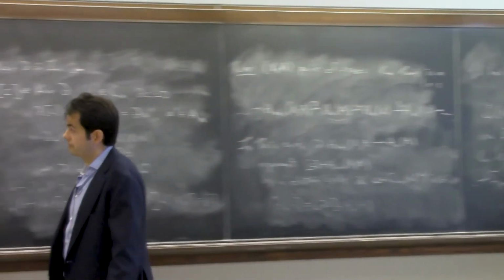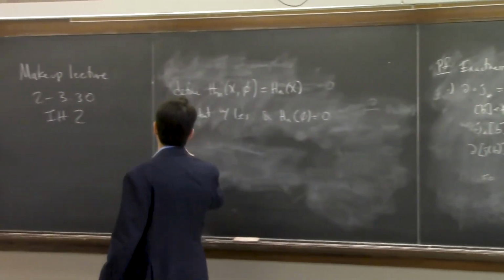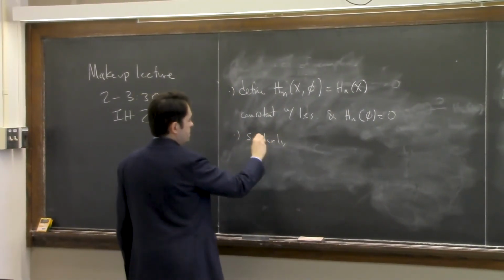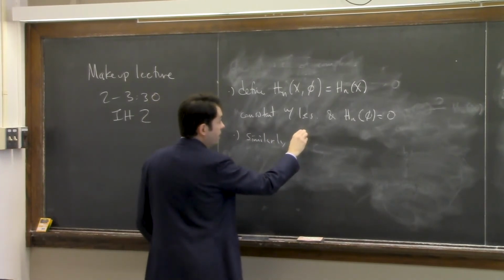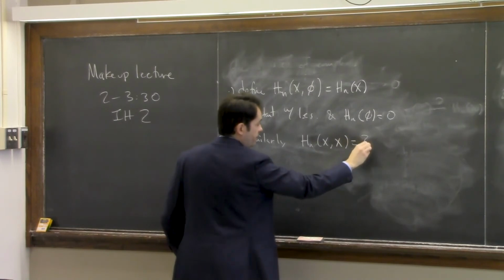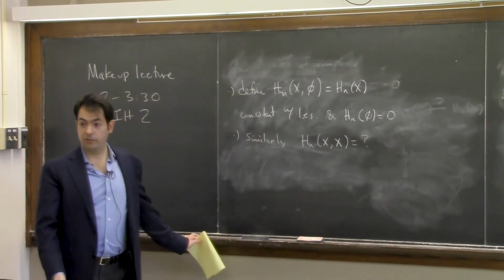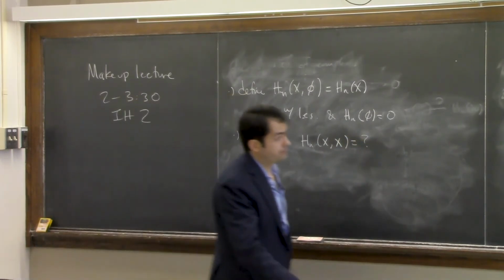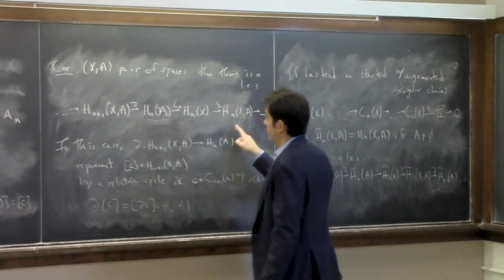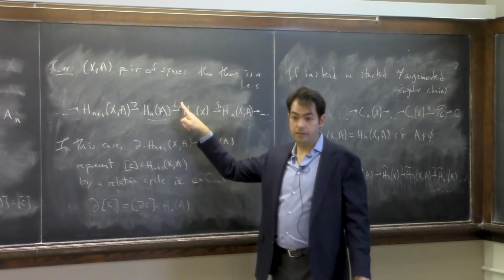Similarly, what is the homology of X relative to X? Well, if A is equal to X, then the inclusion map is the identity, right?